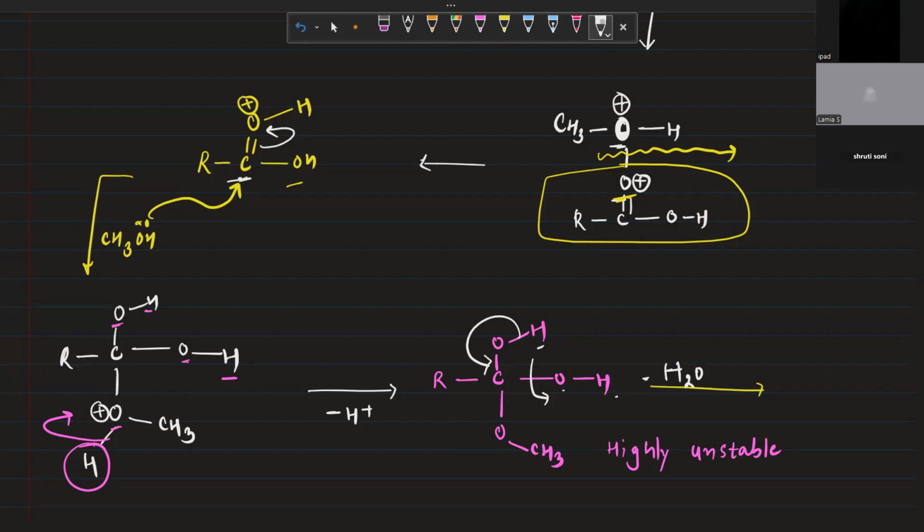After dehydration, the compound formed is RC double bond O and OCH3. What is the functional group here? This should be an ester, right?